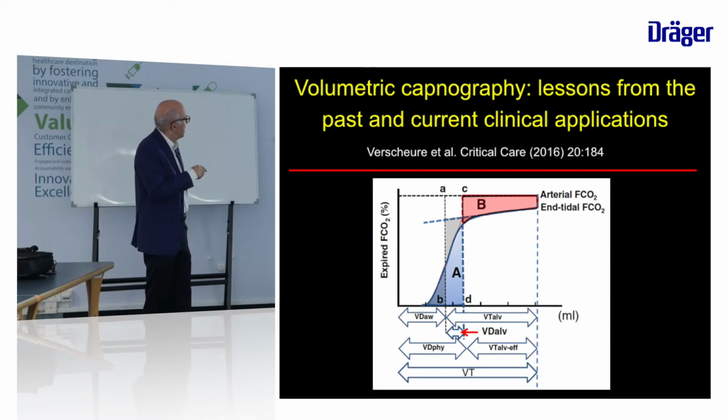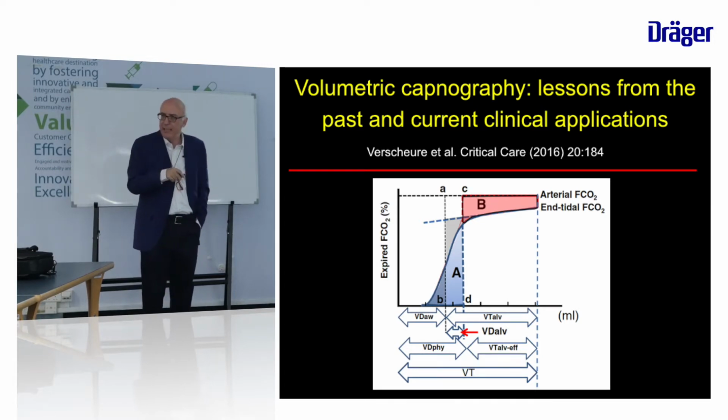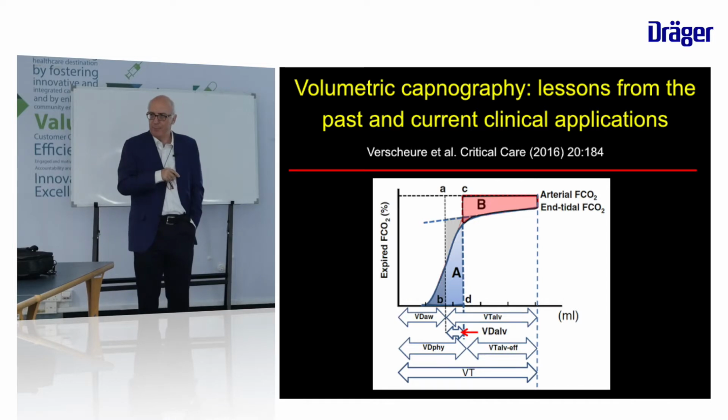In this case, it is usually measured by the Bohr method. So looking at the estimation of CO2 from the expiratory curve of the CO2, you have information about the alveolar dead space and the effective alveolar ventilation.